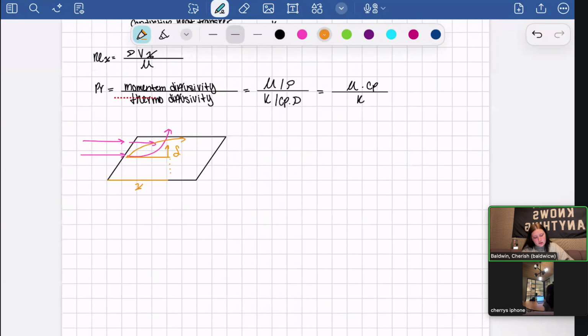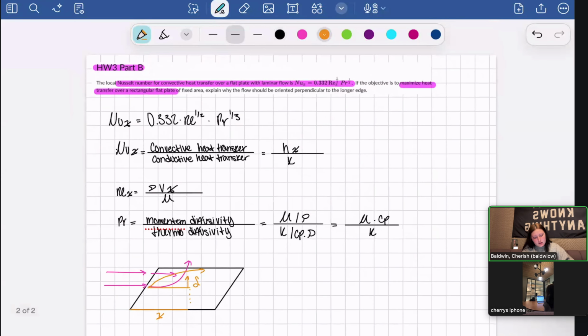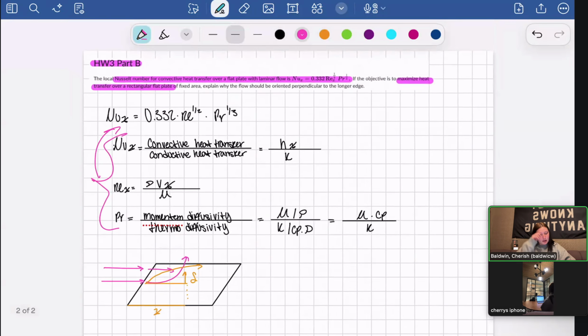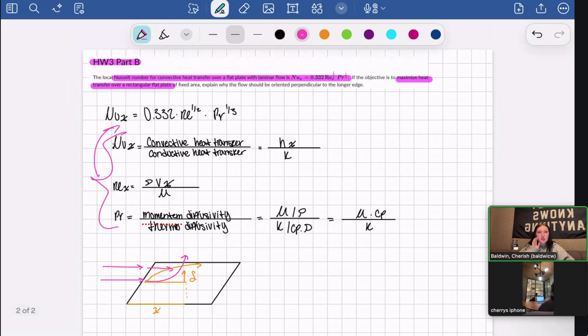Alright, so now let's plug these equations into that equation to see how to maximize heat transfer over a rectangular plate.